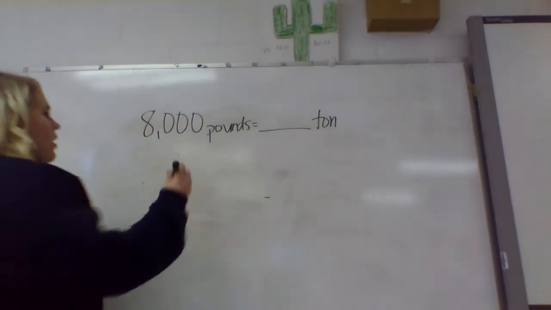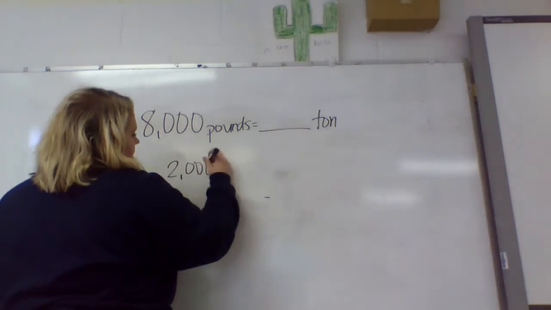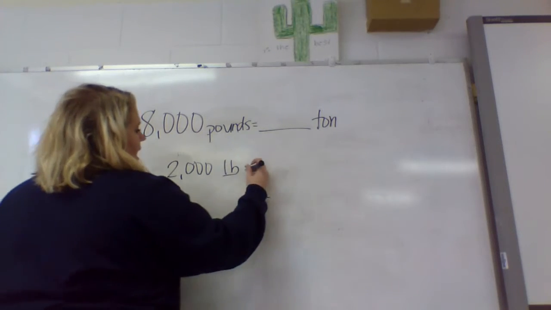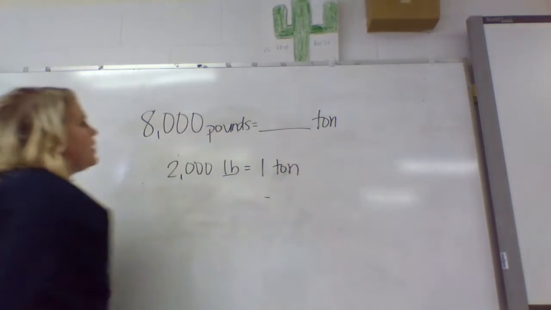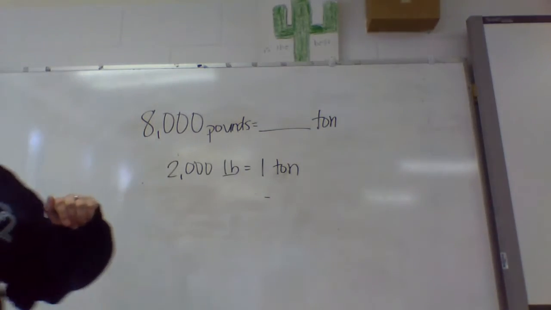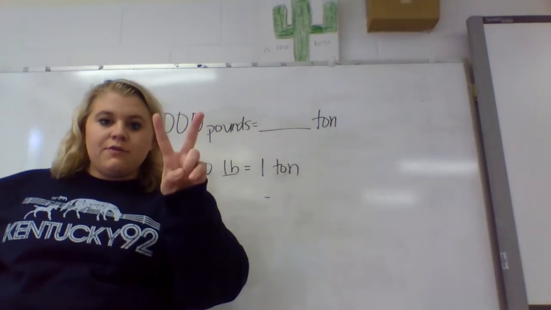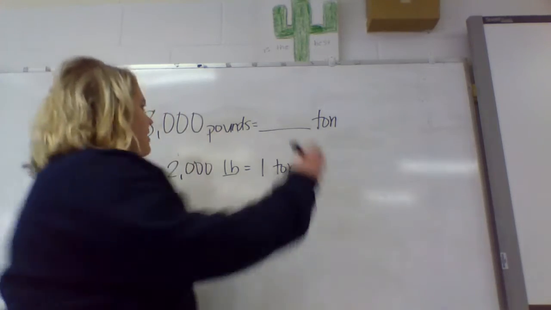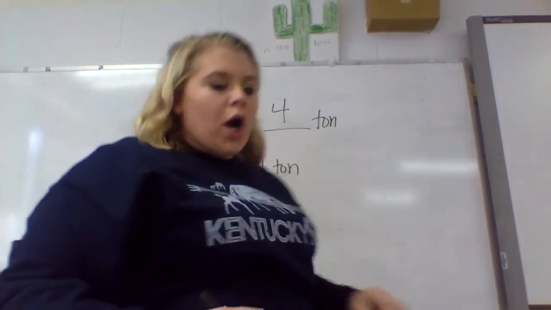Well, we know there are 2,000 pounds, remember that's the abbreviation for pounds, in 1 ton. So I know I've got more than 1 ton. Well, that's pretty easy. 2,000, 4,000, 6,000, 8,000. That is 4 tons.